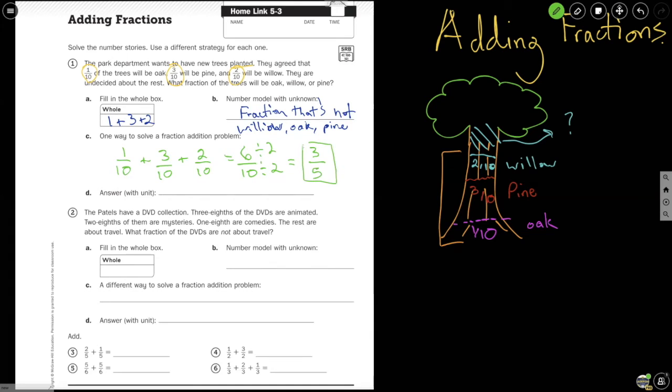So the correct answer is 3/5 of the trees are going to be either oak, willow, or pine. Okay. All right, let's do the second problem.